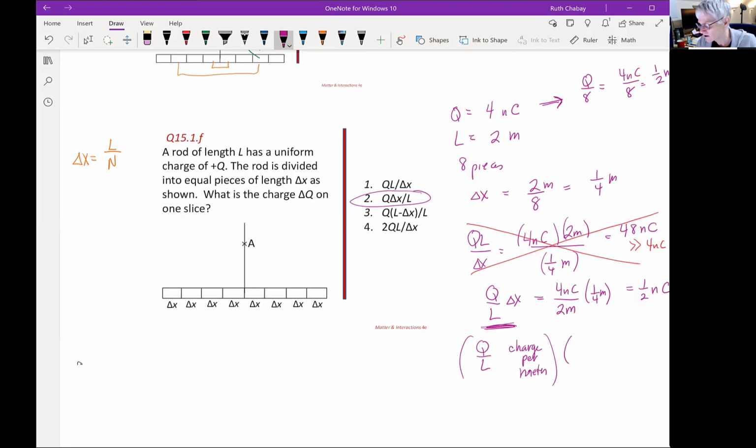And then delta x is the length of one piece. The other way to think about it is that it's the total charge times the fraction of the length on one piece. So this is the fraction of length, and that's the total charge. Okay, so this is a key piece that's going to be coming together.